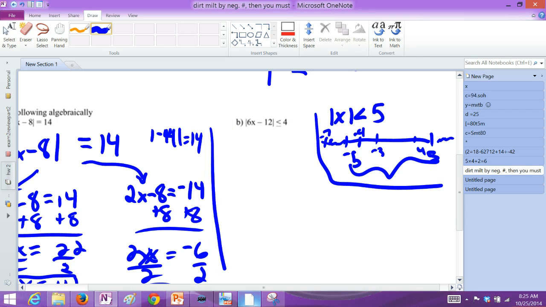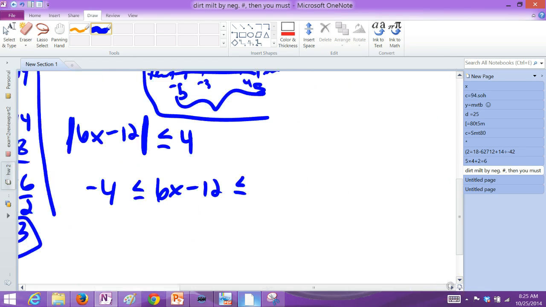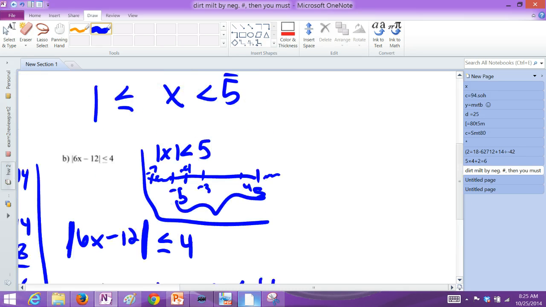We have absolute value of 6x minus 12 is less than or equal to 4. That means what's on the inside, 6x minus 12, needs to be in between negative 4 and 4. So it's like the one we did above here.